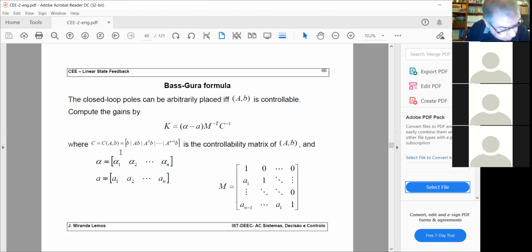Why not? Because it can't keep up. There is a saturation, so there is a maximum that you cannot go beyond. So you are clipping.